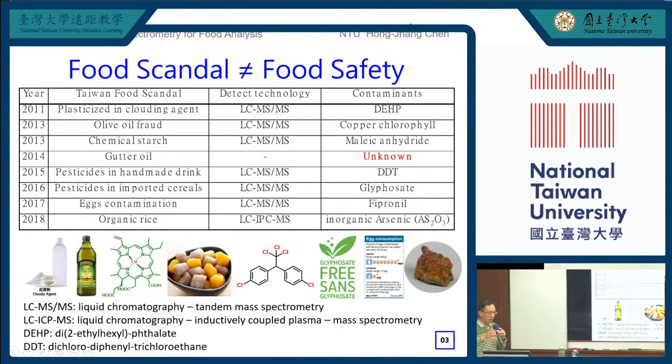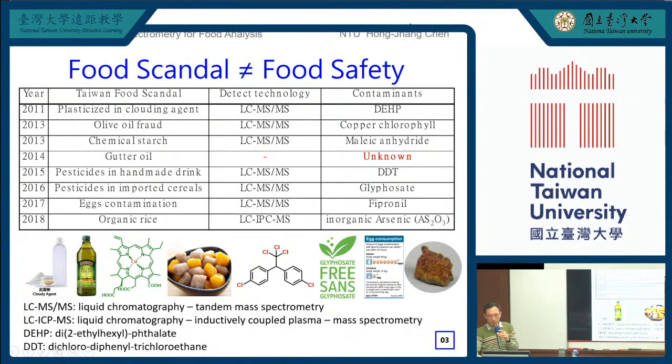After that, you can see many food scandals in Taiwan. We can use LC-MS to detect contaminants, to prevent or to demonstrate that there is a food scandal issue, even in organic rice. In organic rice, in that case, we focus on the metal, the so-called arsenic.